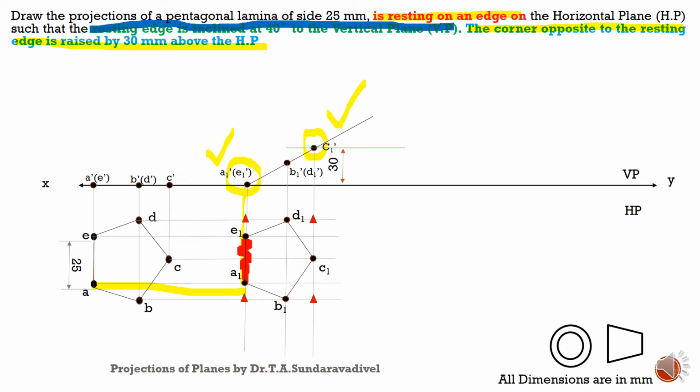AE is like this and this one is the vertical plane. So AE is perpendicular to the vertical plane, but as per this condition it is not perpendicular; it is inclined at 40 degrees to the vertical plane.